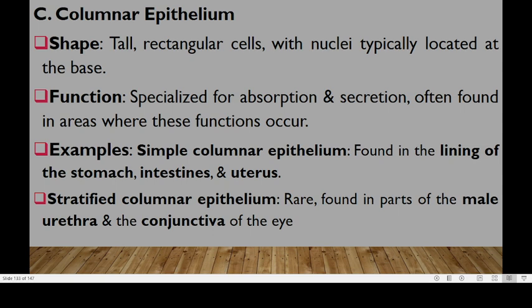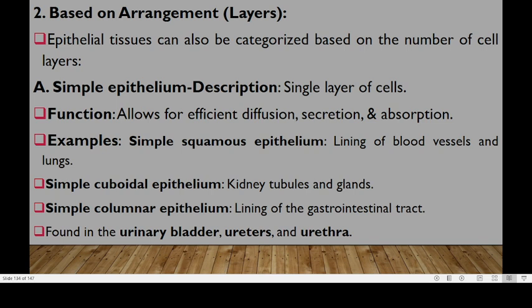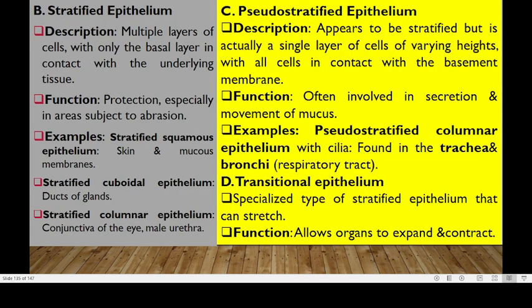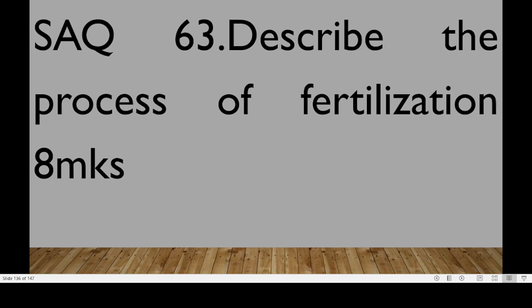Then you have columnar epithelium, which are tall rectangular cells with nuclei typically located at the base. Examples include simple columnar epithelium and stratified columnar epithelium. Then we could have classification based on the arrangement, like the simple epithelium, which is a type of epithelium consisting of a single layer of cells, then stratified and pseudostratified.